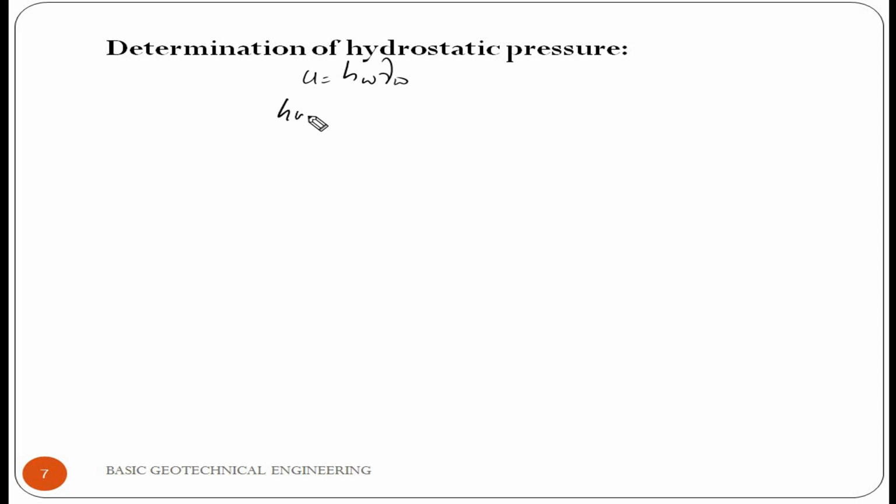So HW is equal to H minus Z. All the three quantities here, HW, H and Z, can be expressed as a percentage of total hydraulic head.